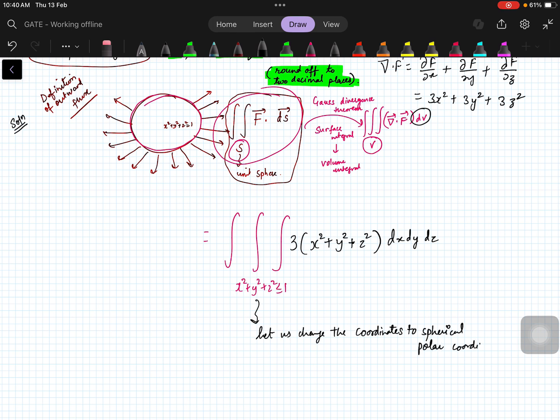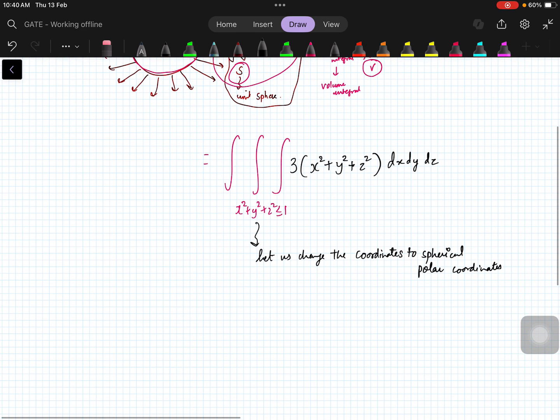Okay, so if I change my coordinates to spherical polar coordinates, we have x equal to rho sine phi cos theta.